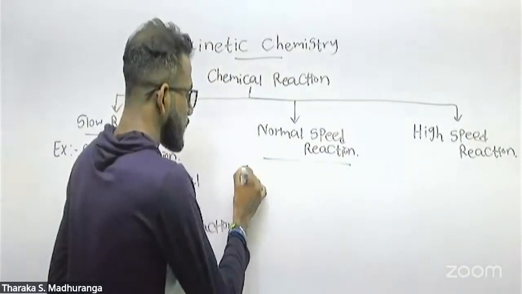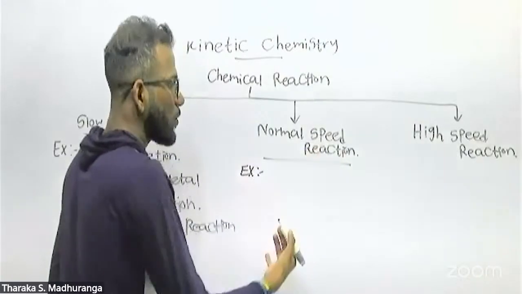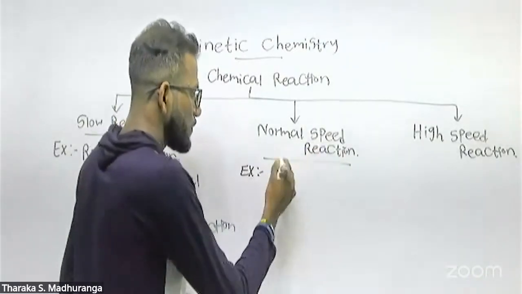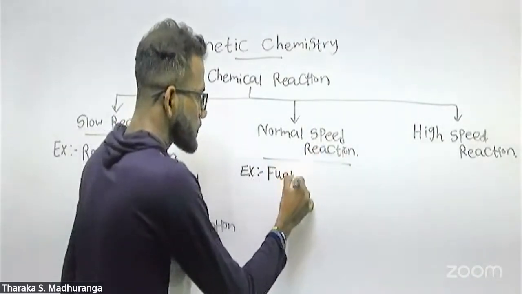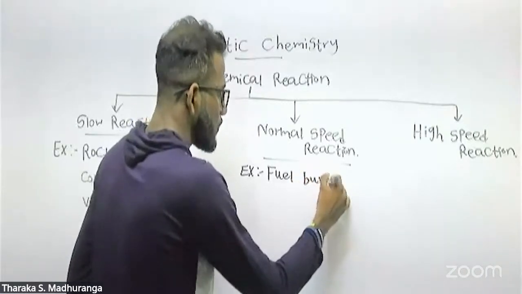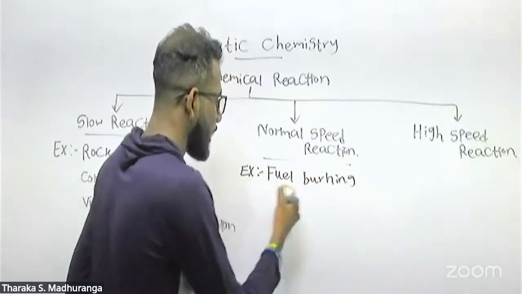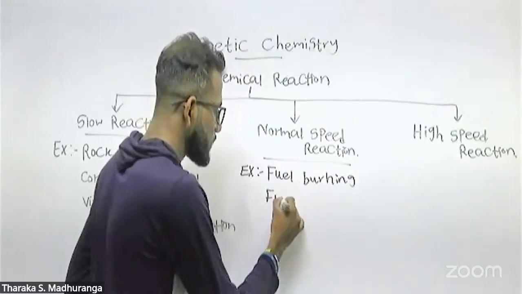What are examples of normal speed reactions? Fuel burning, and flower blooming.